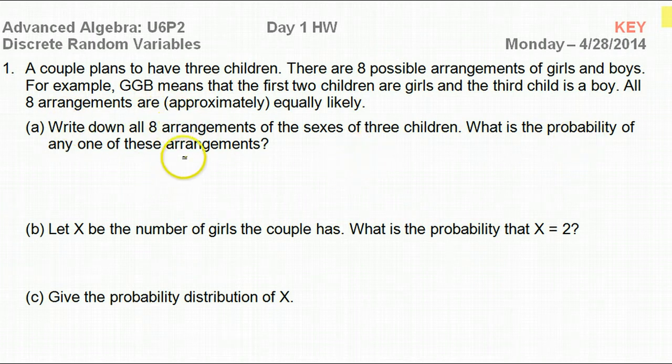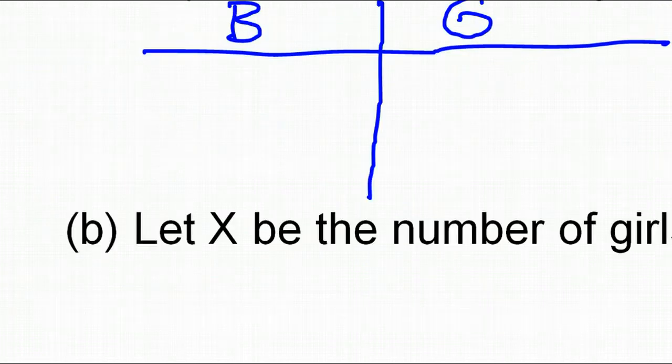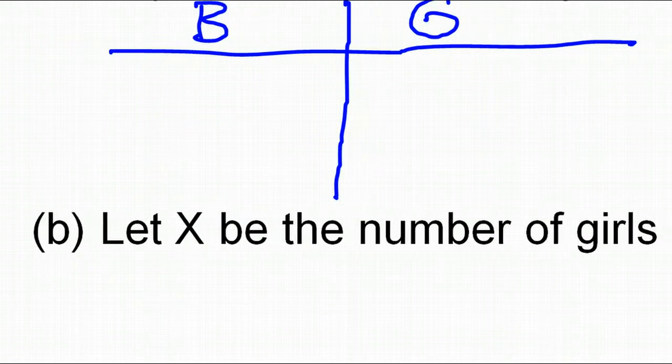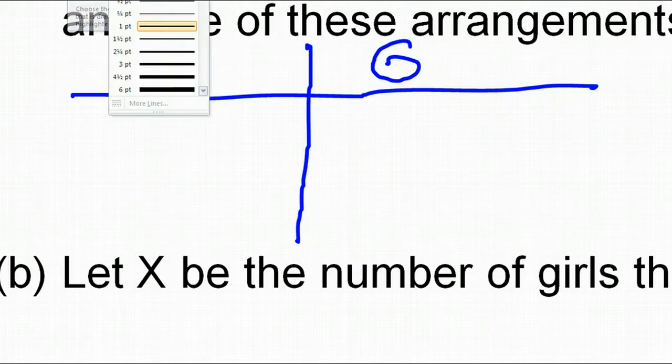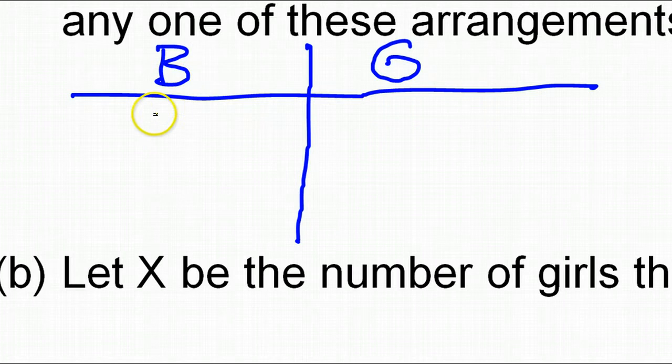So 3 children are coming, but for the first child, there are only 2 possibilities. It's either going to be a boy or a girl. Let me zoom in. As I was saying before I was so rudely interrupted.